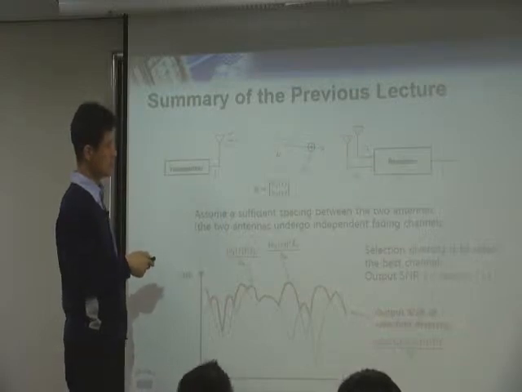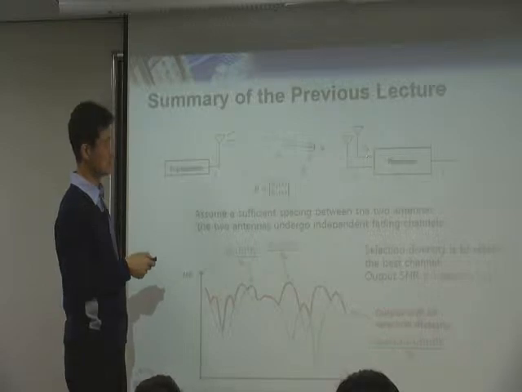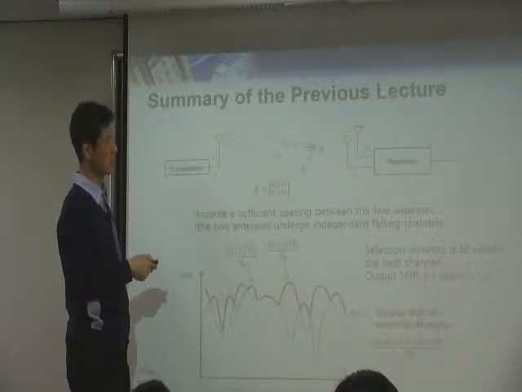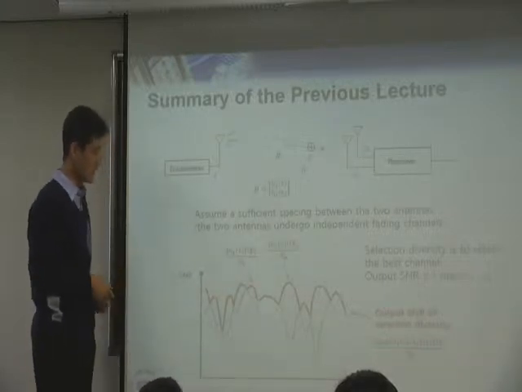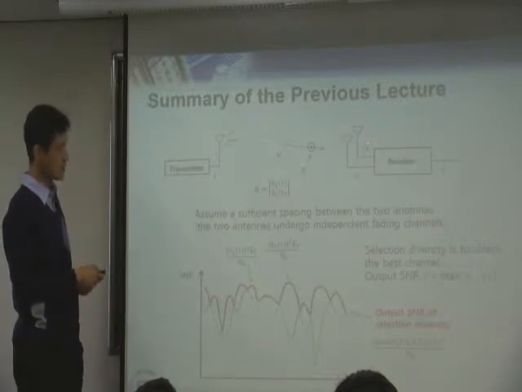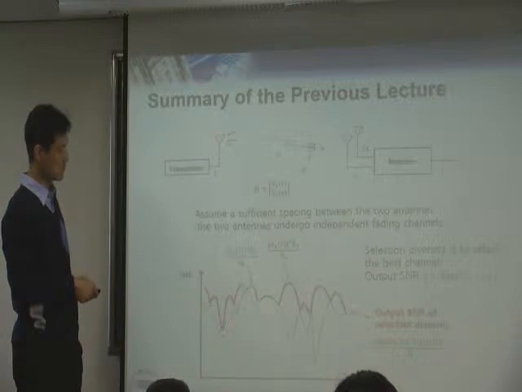Now, what we can see is that when you have two antennas like this, and again, we assume Y1 and Y2 are independent, the Y1, the receive symbol from the first antenna, is shown as blue, and the second symbol, let's say, is green.